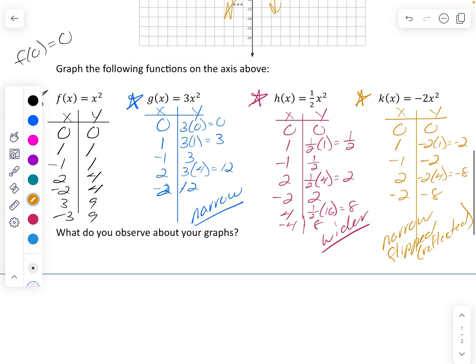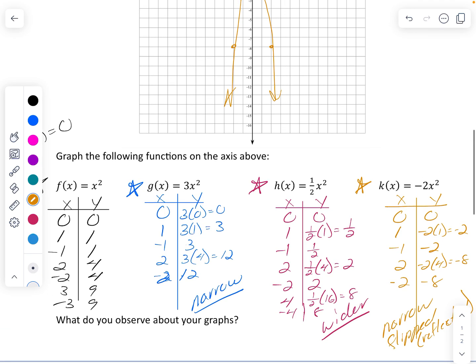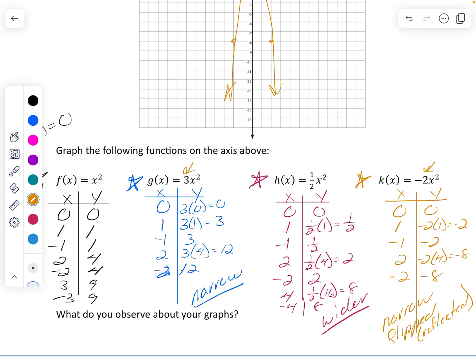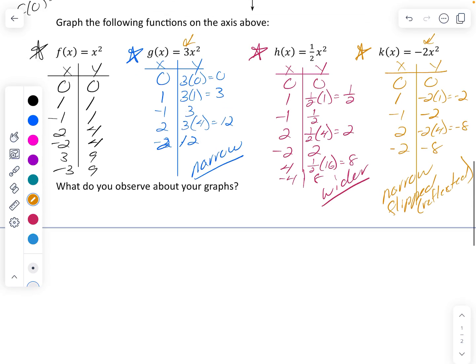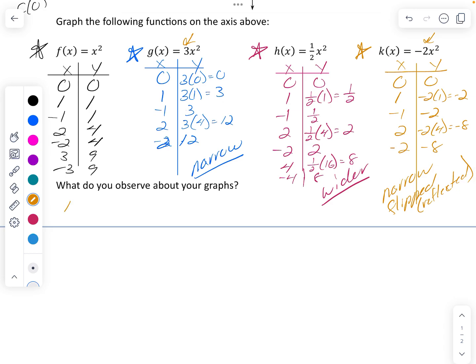Well, when we look at our graphs and we look at the equations, notice when we had this 3 here and that 2, it was more narrow. And so if a, our number in front of the x squared, is greater than 1, so to speak, the graph is more narrow.